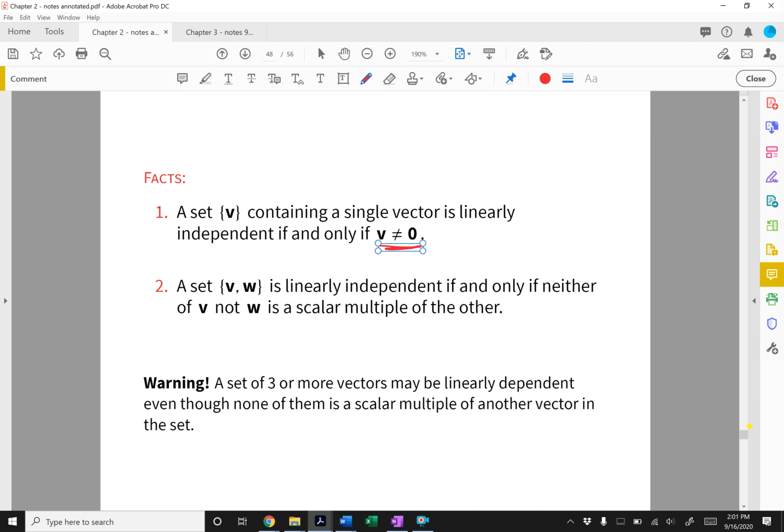That 0 vector can cause problems because if any set has the 0 vector in it, you could take 2 times the 0 vector, or 3 times the 0 vector, or 5 times the 0 vector, and still get the 0 vector out, or still get the same combination with the other values. So it makes it really easy to find a set of coefficients where the coefficients aren't all 0.